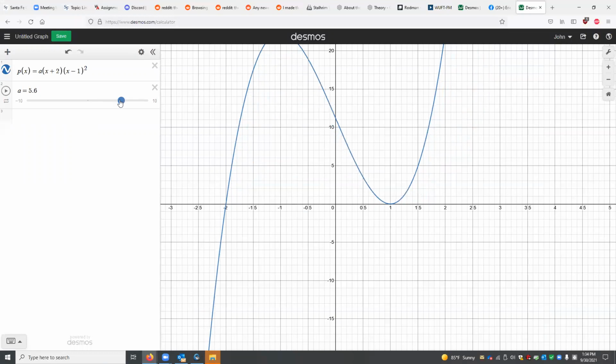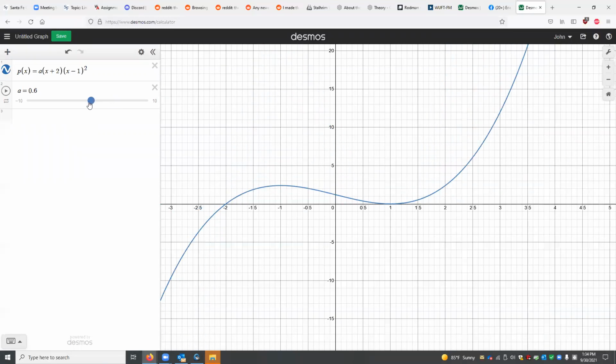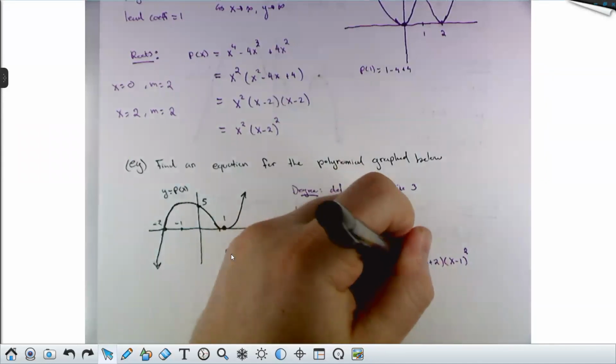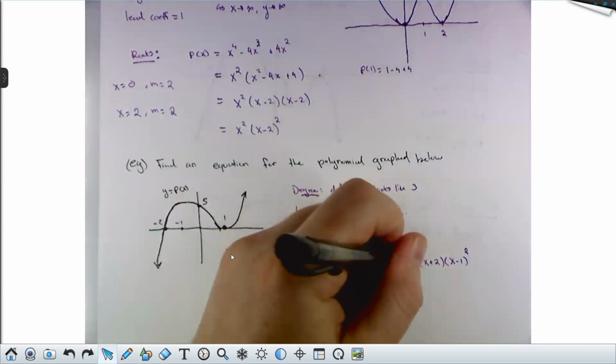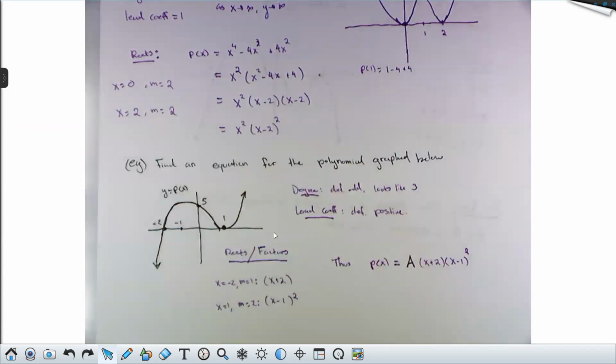So does this. Sort of, so does this. And sort of, so does this. So there's lots of possible polynomials that have this graph shape. And what you have to do is allow for this lead coefficient, because he could be anything as long as it's positive.